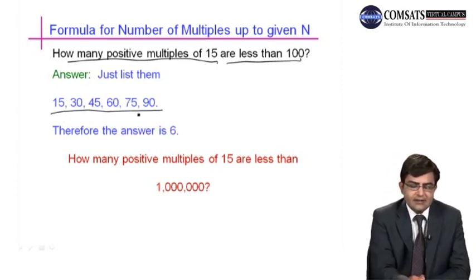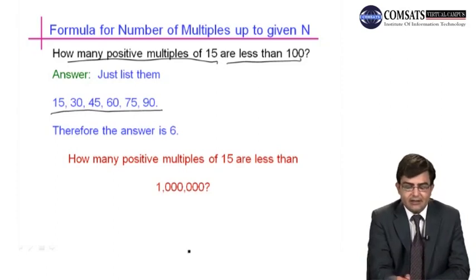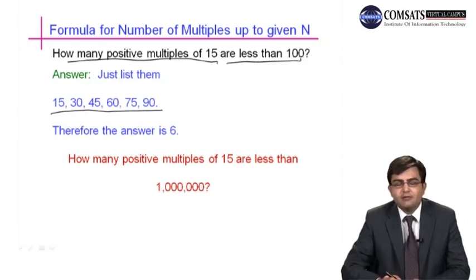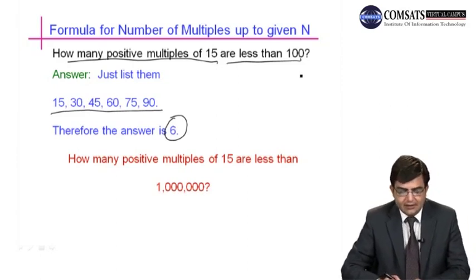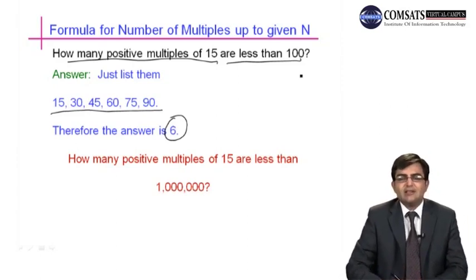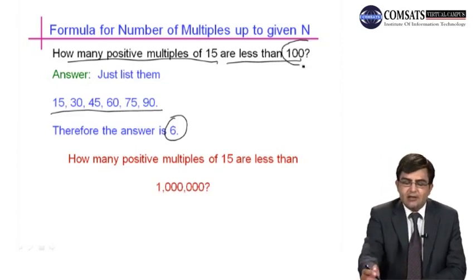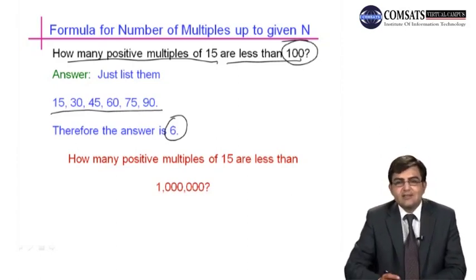For example, 15, 30, 45, 60, 75 and 90. These are all multiples of 15 which are less than 100. So how many multiples are there? There are 6 multiples. Now this method is only useful when this number is small.